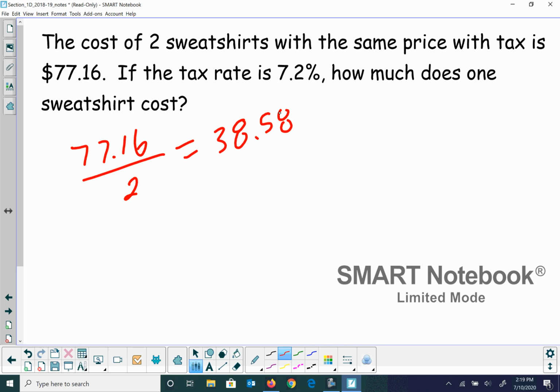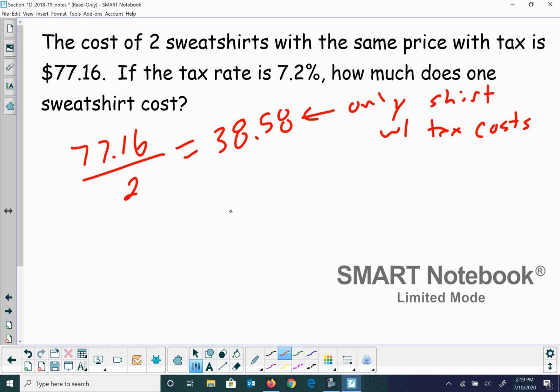So this is what only one shirt with tax costs. I know exactly where we made our error in the last one.